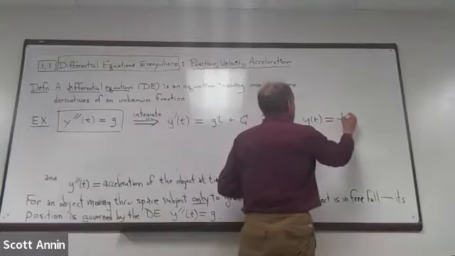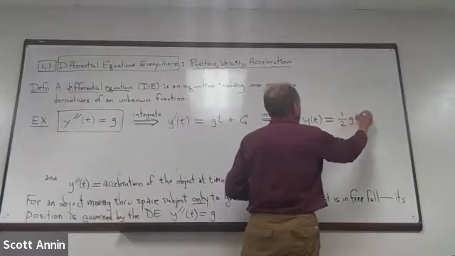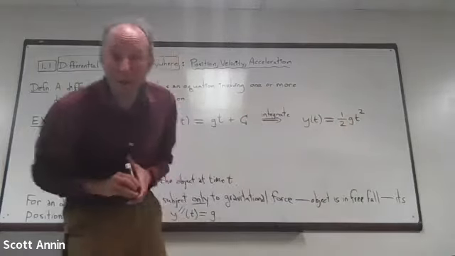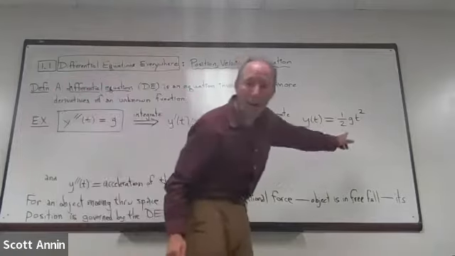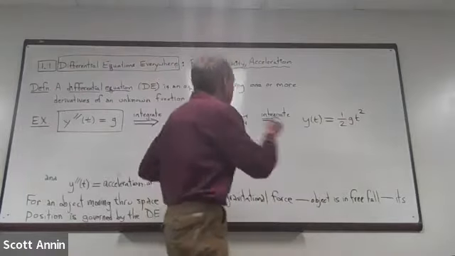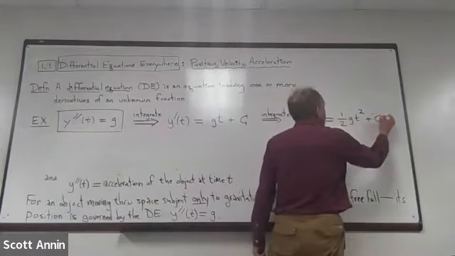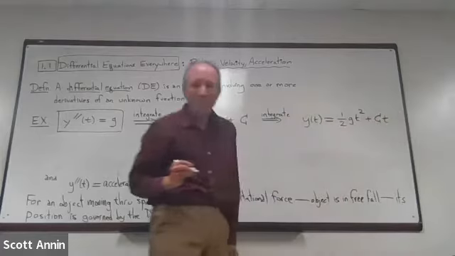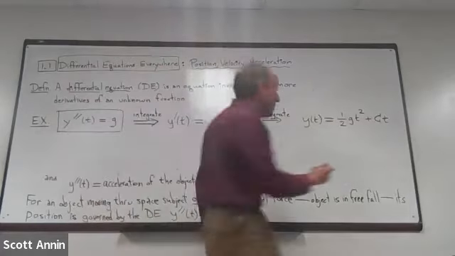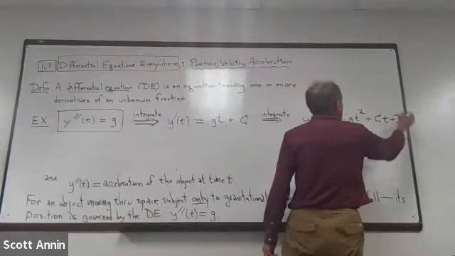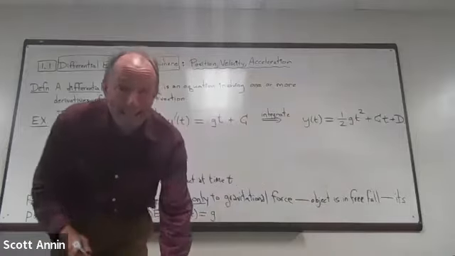And when I integrate the gt part, of course, the integral of t is just t squared over 2. The g is a constant that I will make sure to write down. And then we have c times t. And there's another constant of integration that's going to come into play now. And I'm going to call this one d.